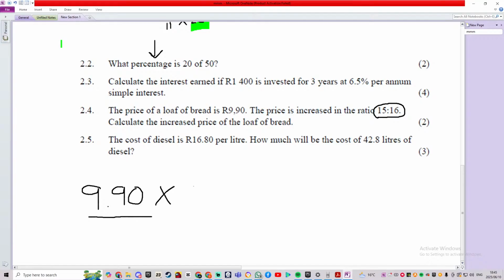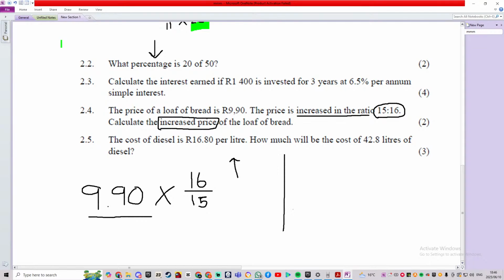So we can look at that ratio as 15 over 16 or 16 over 15. But because we are increasing the ratio, we are going to have the bigger number on the top over the smaller number at the bottom.